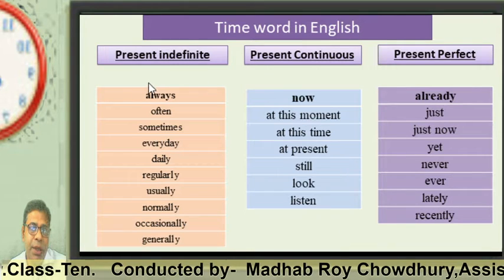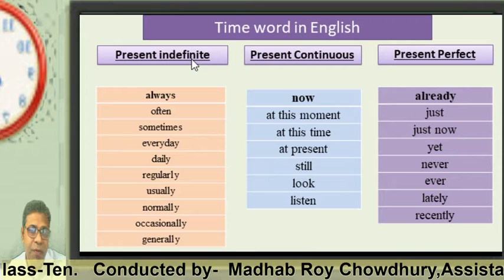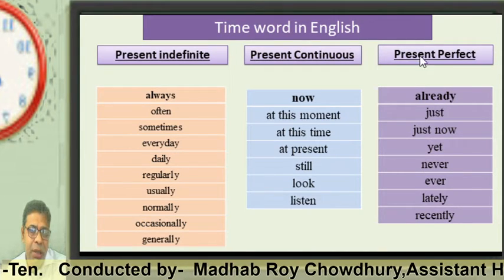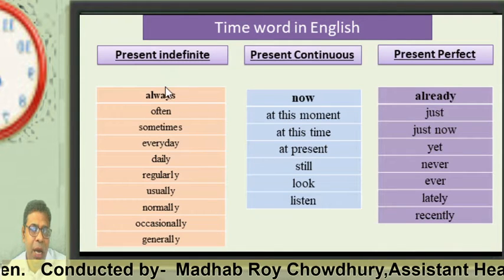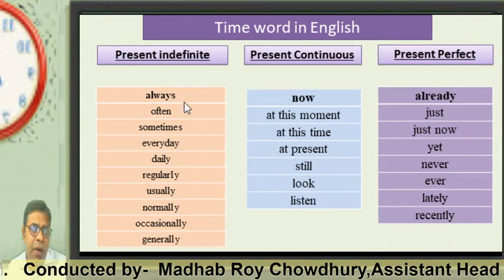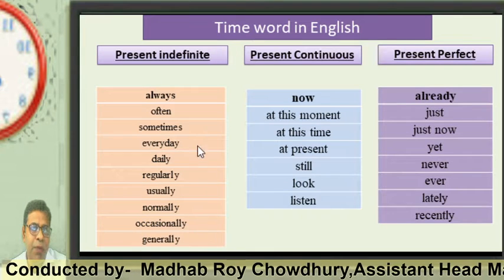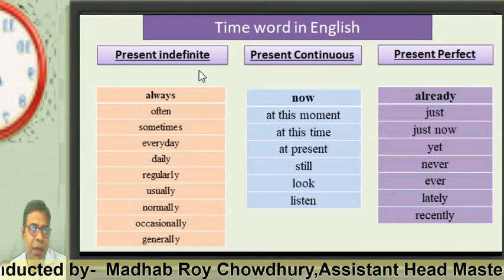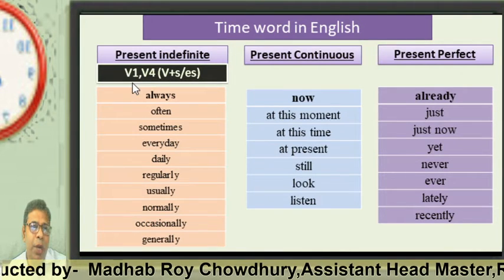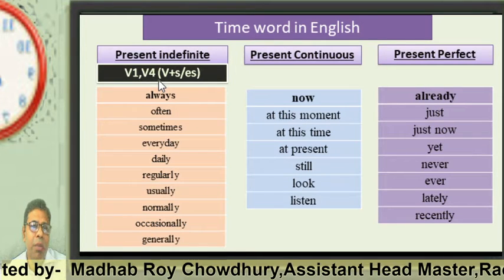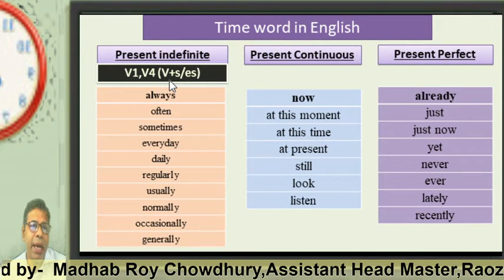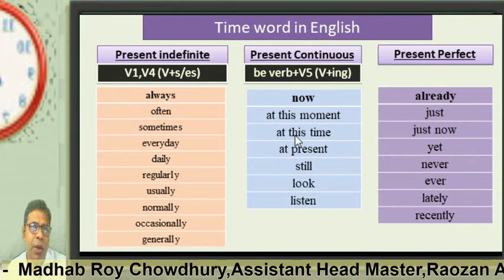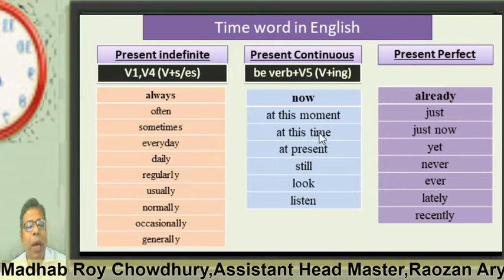So, dear students, these are the present indefinite, these are the present continuous, these are the present perfect. These are all adverbs, and at the time of inserting the right form of verb, if you see this word in the sentence, you must use present indefinite, and the verbs will be base form or s/es. The second one, you have to use be plus ing.